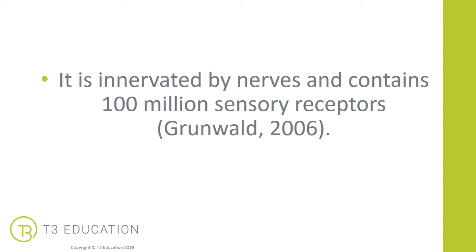Within our tissues, there are 3 times as many sensory nerves as there are motor neurons. So our bodies like to be sensory rich. So as a massage therapist, when we apply touch to the skin, we are innervating and activating those sensory receptors.